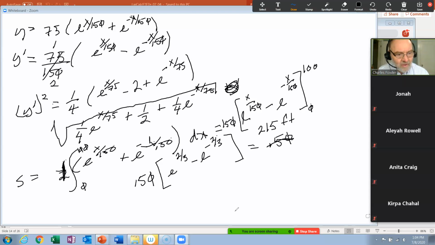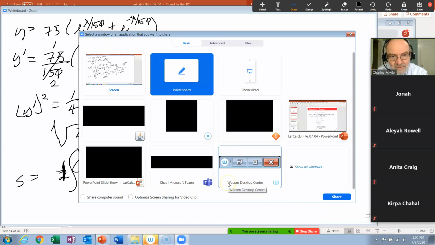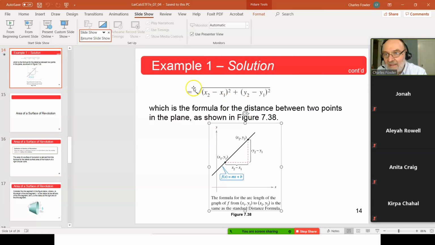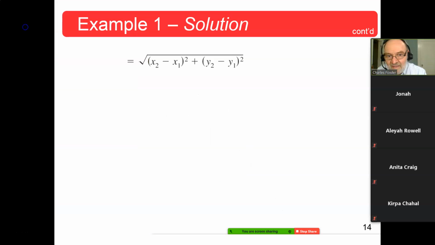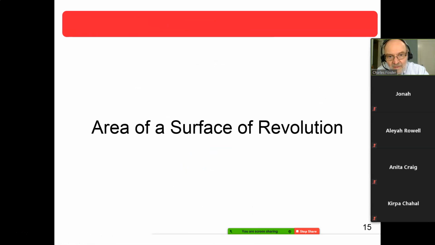We've already done the arc length part. Now we're starting to do the surface of revolution. So that's going to go back to 7.4 and from current slide. And that's where we left off before. All right, area of the surface of revolution.